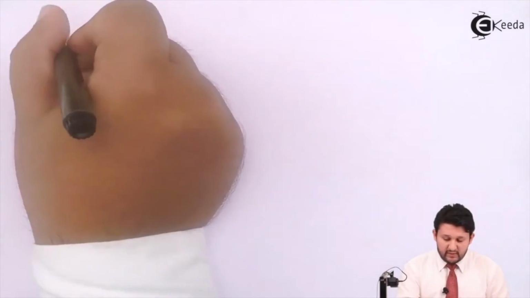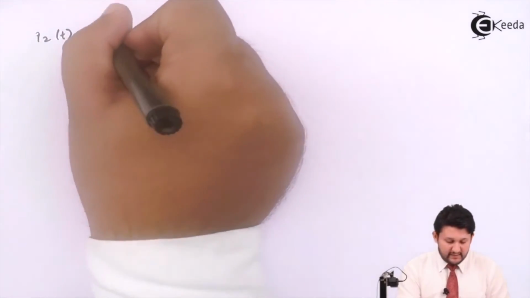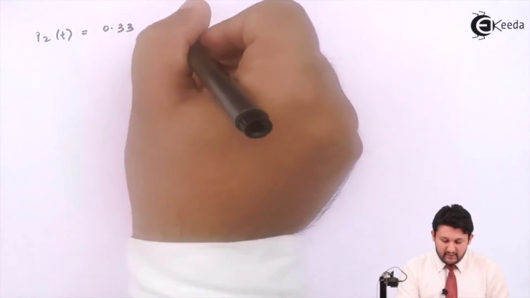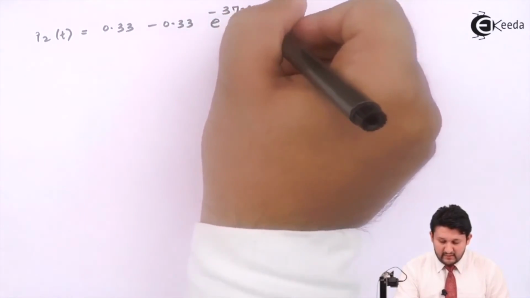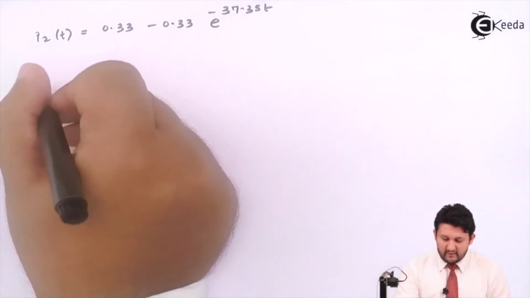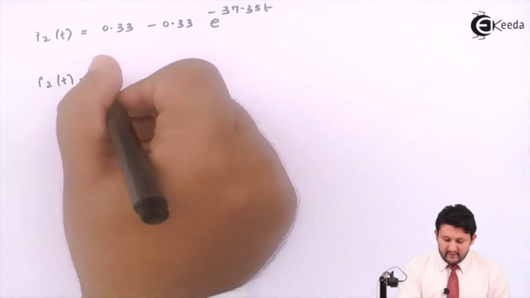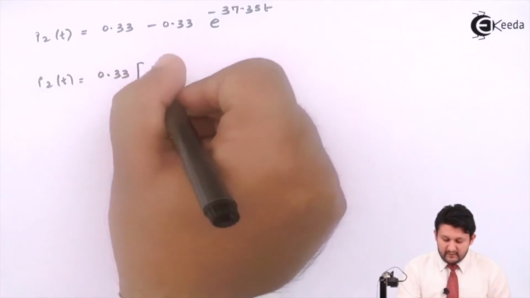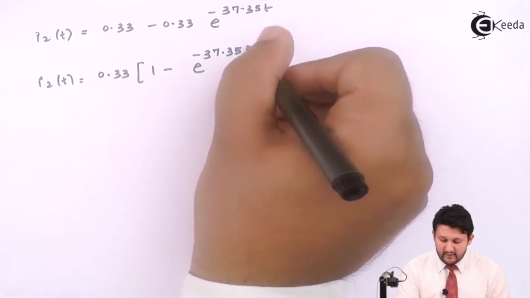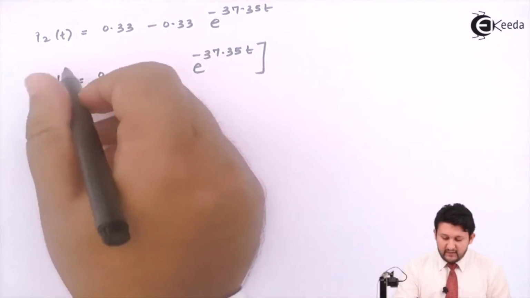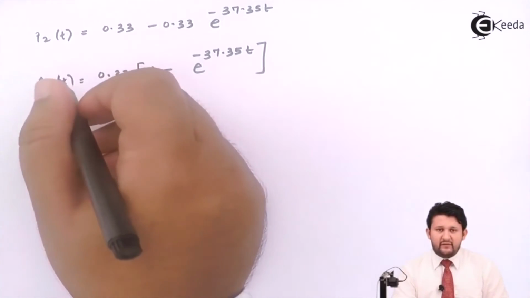So substitute the value of k in the above equation. So you get I2 of t is equal to 0.33 minus 0.33 e raised to minus 37.35 into t. So your I2 of t can be written as 0.33 bracket 1 minus e raised to minus 37.35 into t. This which you got was the value for I2 of t.